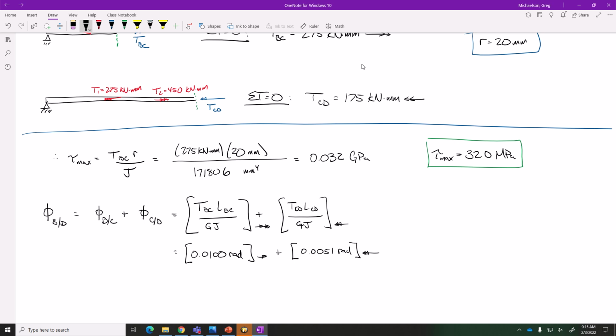So what you end up doing is you subtract them and you say that that is 0.0049 radians that way, or times 180 over pi, 0.281 degrees.